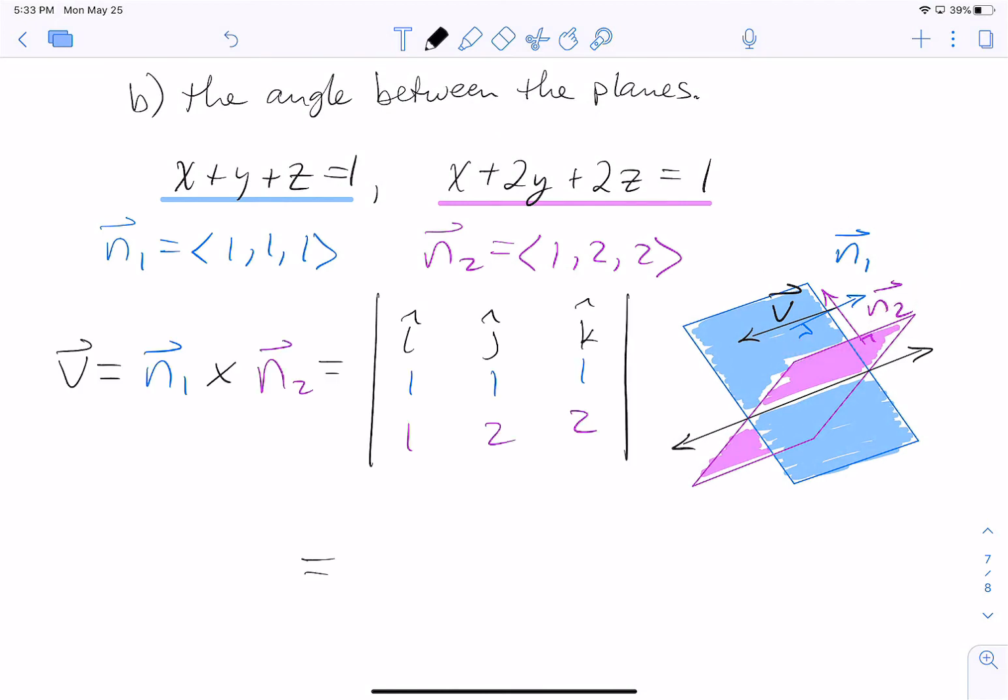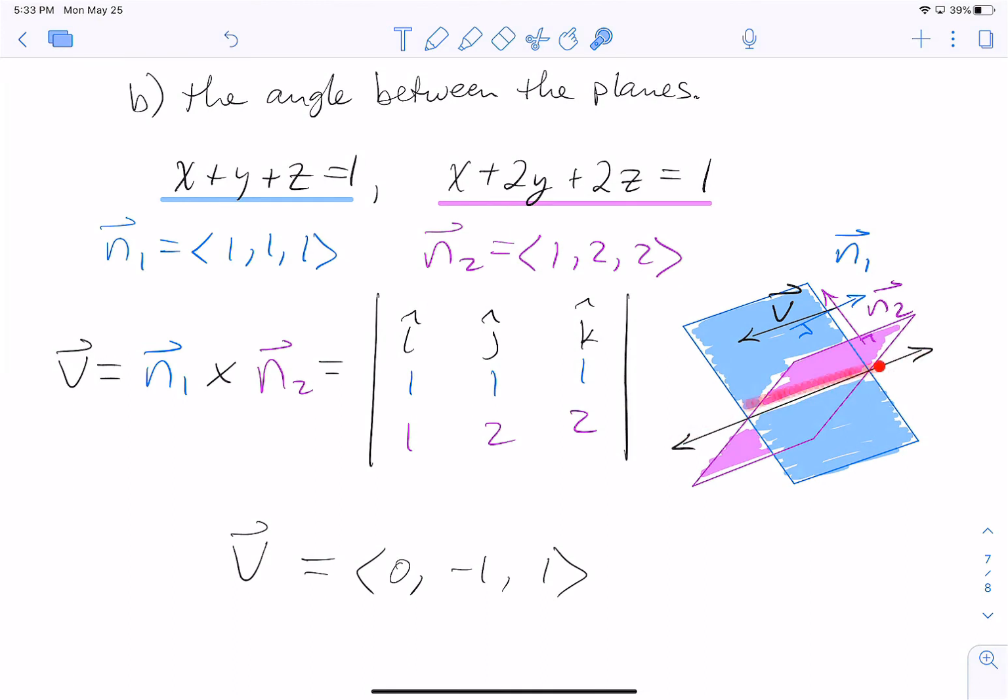You can pause the video and work it out, but you can confirm that the vector v is going to have components 0, -1, 1. So that was actually probably the easy part, coming up with the direction for the line.